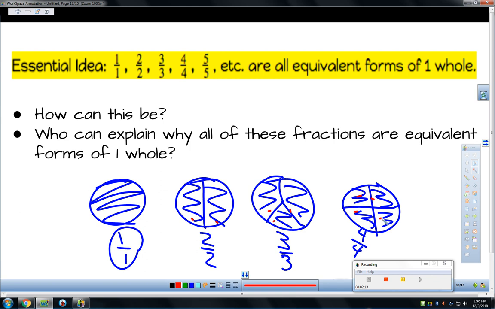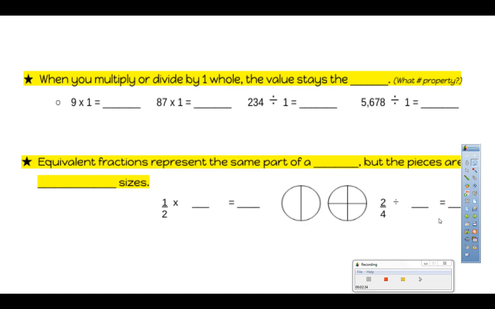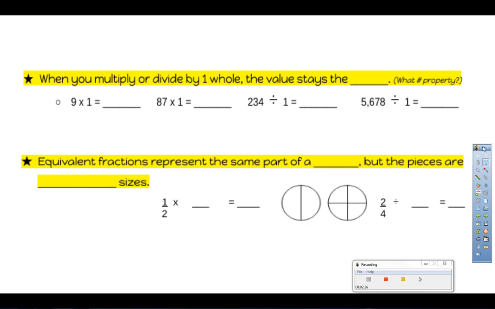If I had a 5th pizza cut into 5s and I ate all 5 slices, I ate 1 whole pizza. If I had a pizza cut into 1,000,000 slices and I ate all 1,000,000 of them, right, this is still 1 whole, 1,000,000 out of 1,000,000. So that's important because we can use that information to create equivalent fractions.